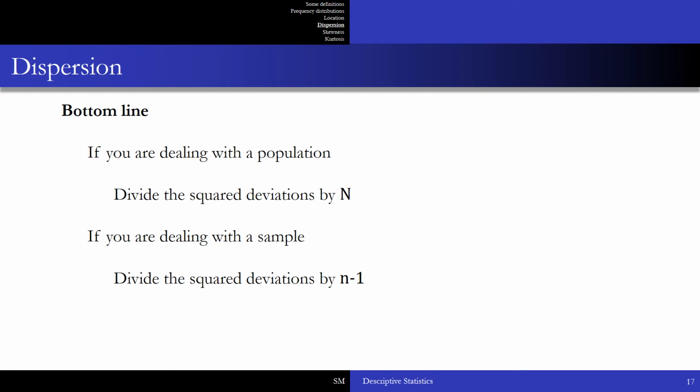If you're dealing with population data and you want to calculate the variance and the standard deviation, divide the squared deviations by the population size, big N. And if you're dealing with sample data from a population and you want to calculate the variance and the standard deviation in the sample in order to estimate the population variance or the population standard deviation, then you divide the squared deviations in the sample by small n minus 1, the sample size minus 1.